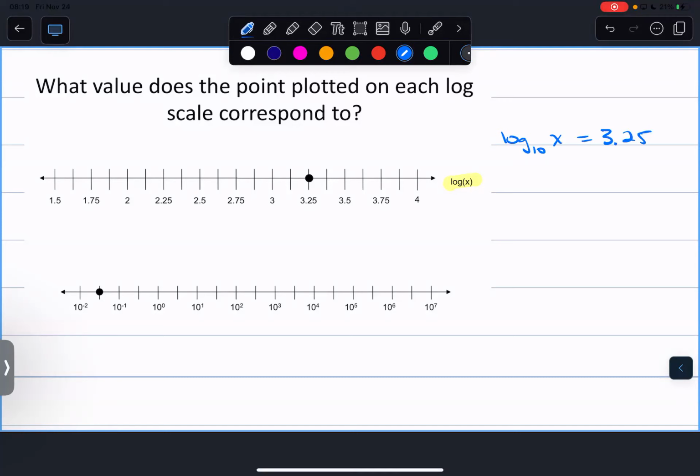I can figure out what point that is by taking 10 to the power of 3.25. Therefore, x is 10 to the power of 3.25. I'm going to need my trusty calculator. 10 to the power of 3.25. So I get x is 1778.27941.